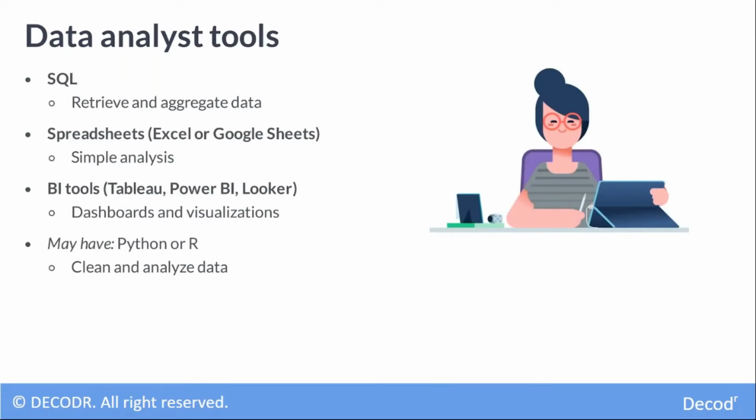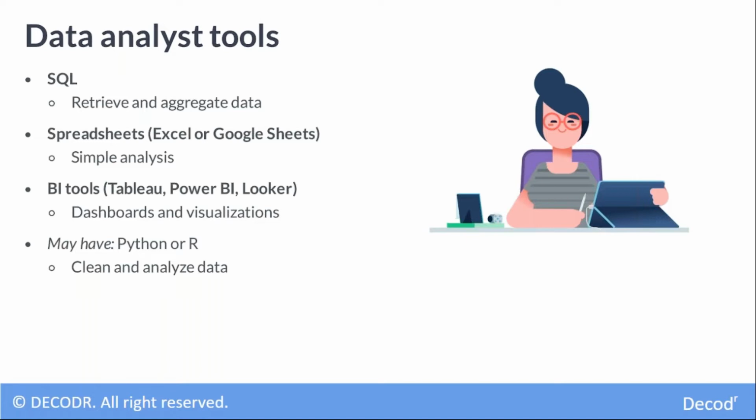Data analysts use SQL, as I told you, the same language used by data engineers to query data. So while data engineers build and configure SQL storage solutions, analysts use existing databases to retrieve and aggregate data relevant to their analysis.